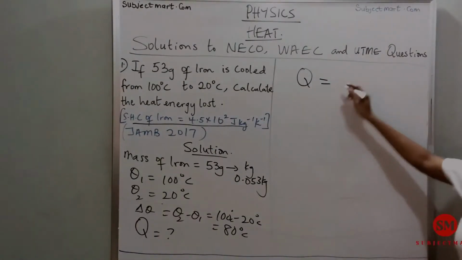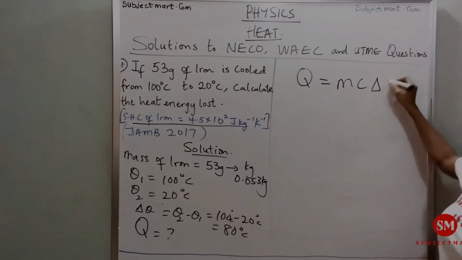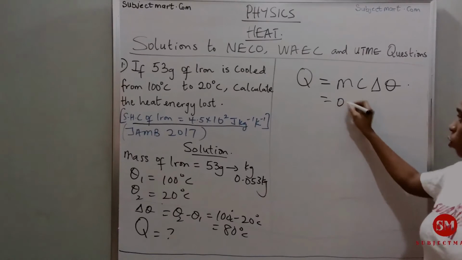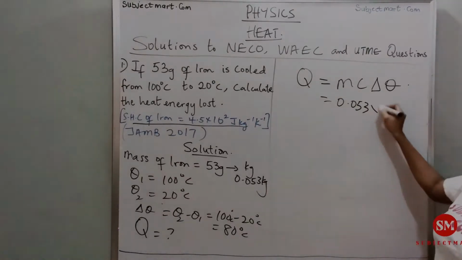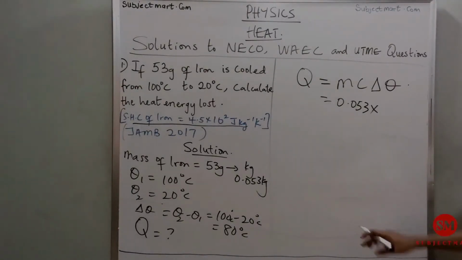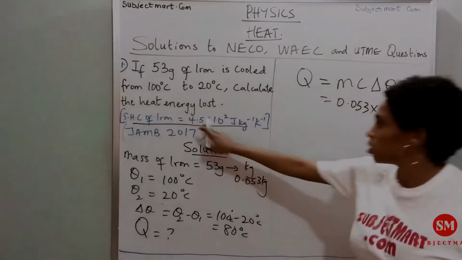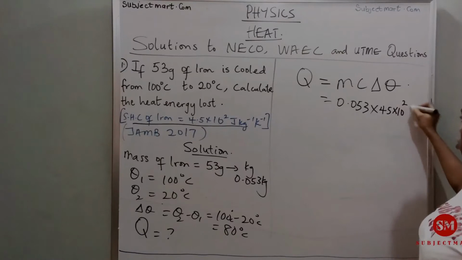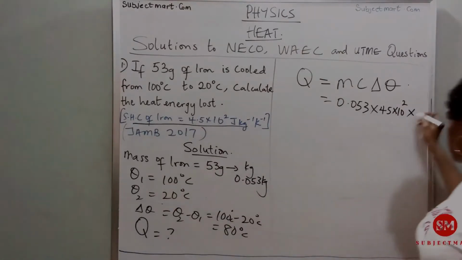Okay? So we go ahead now to calculate the heat energy lost. So Q is equal to MC change in theta, change in temperature. Our M from here is 0.053. The C is 4.5 times 10 raised to the power 2. And our theta is 80.